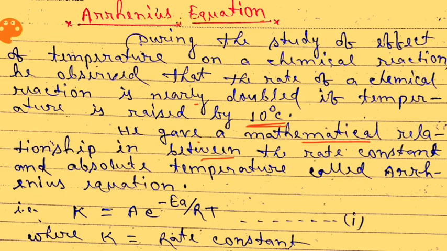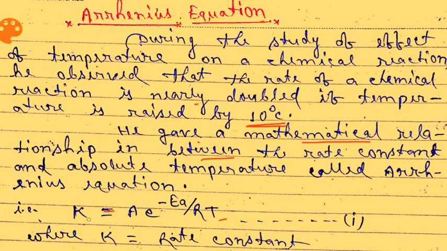What is Arrhenius equation? K is equal to A e to the power minus EA by RT. It is called Arrhenius equation.